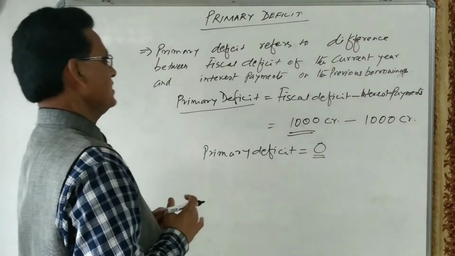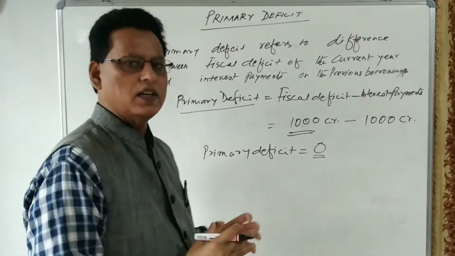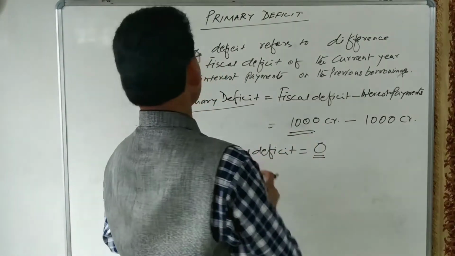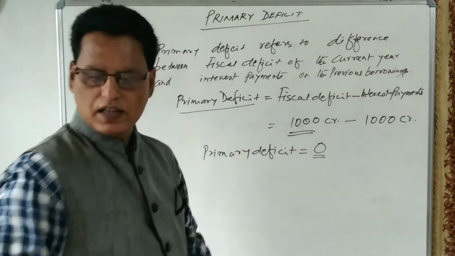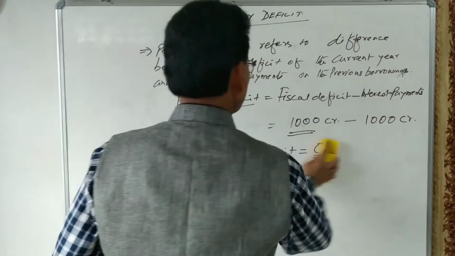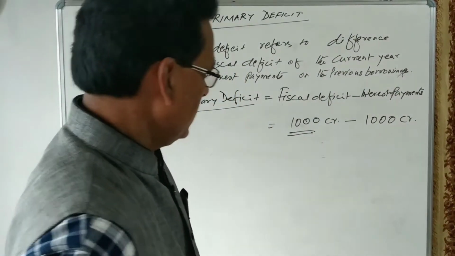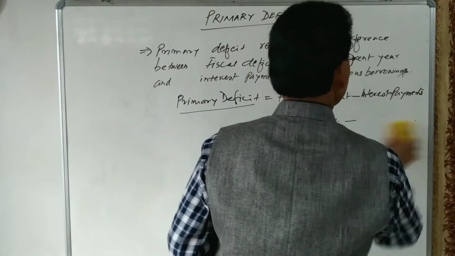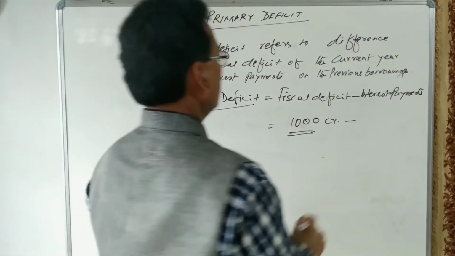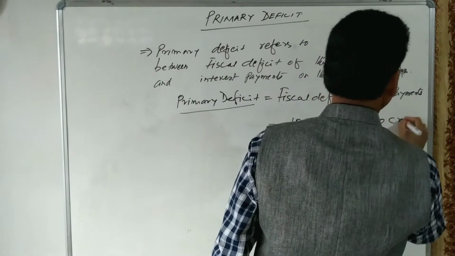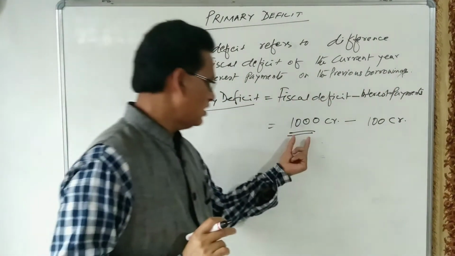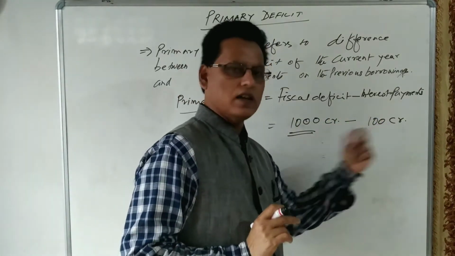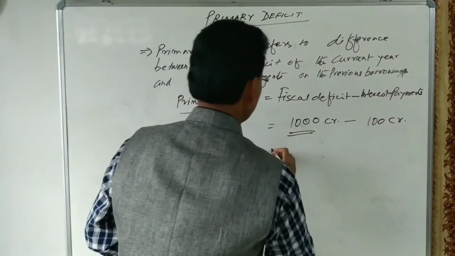So the government is trying to make a difference between the fiscal deficit and the interest payment. Suppose this interest payment is only 100 crores. The fiscal deficit is 1,000 crore and the interest payment is 100 crores. So how much is the primary deficit?